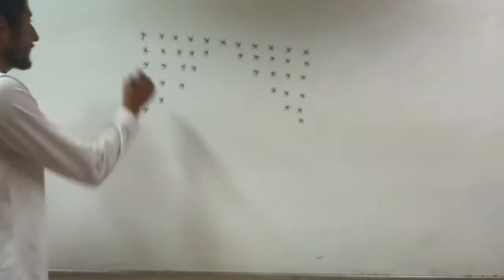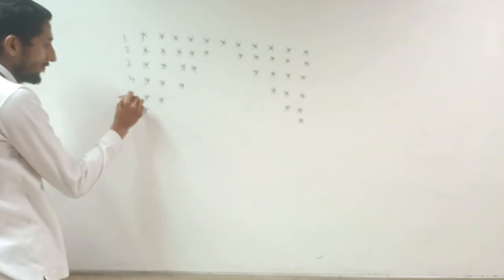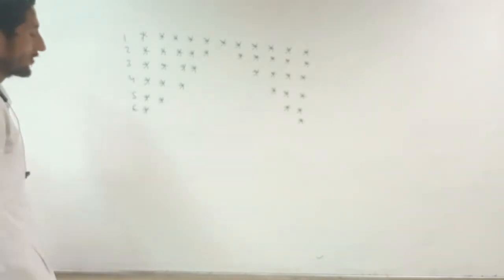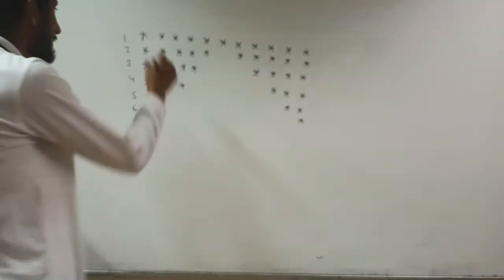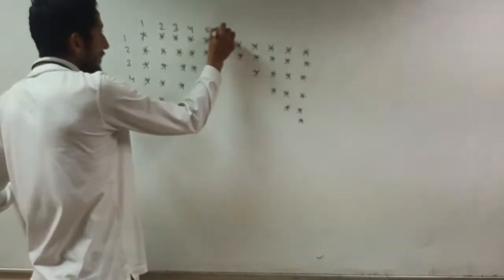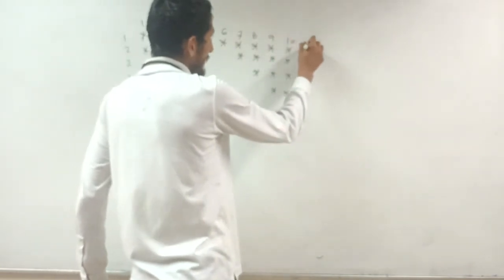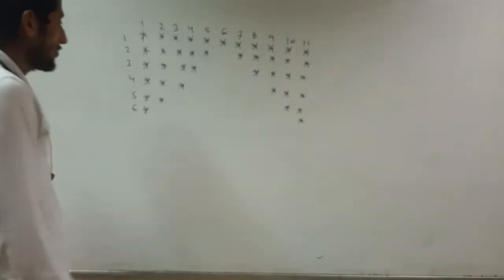So first of all, let me check how many rows I have. 1, 2, 3, 4, 5, 6. I have 6 rows. Now how many columns I have? 1, 2, 3, 4, 5, 6, 7, 8, 9, 10, 11. So I have 11 columns. Okay. So I have 6 rows and 11 columns.